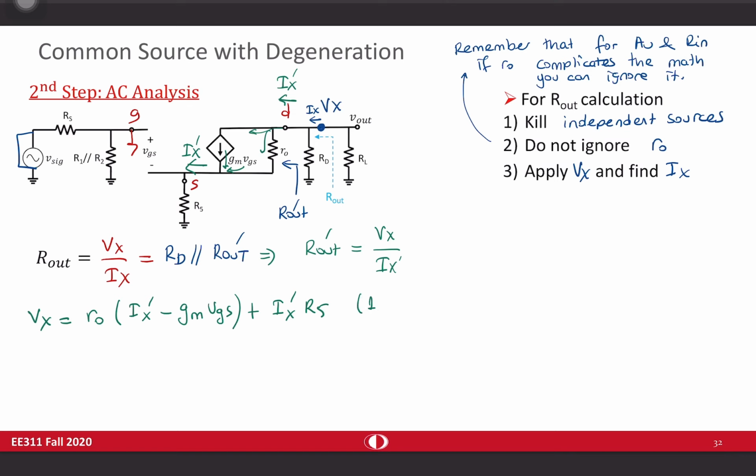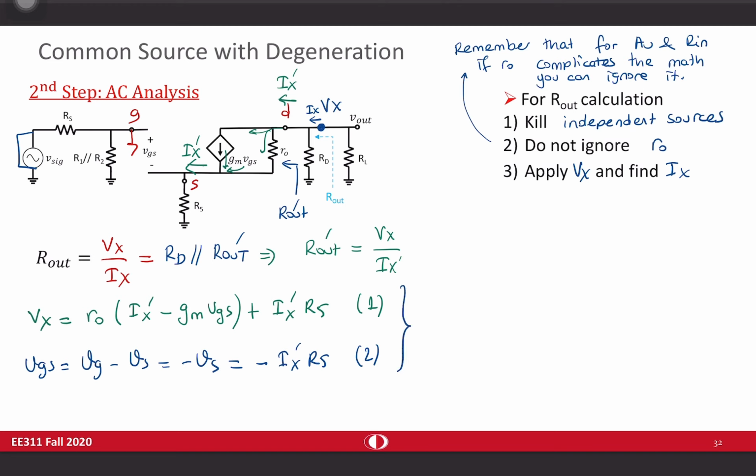So this is my first expression. The second one, I need to write VGS, which is VG minus VS, which is, since gate is grounded, AC grounded, minus VS, which is equal to minus Ix prime R5. So this is my second expression.